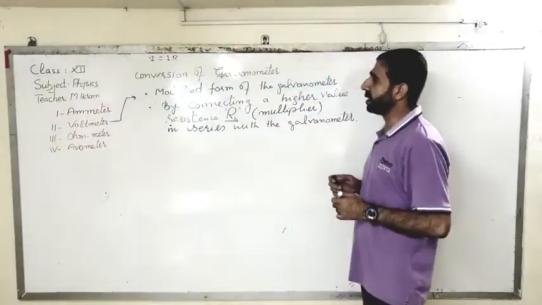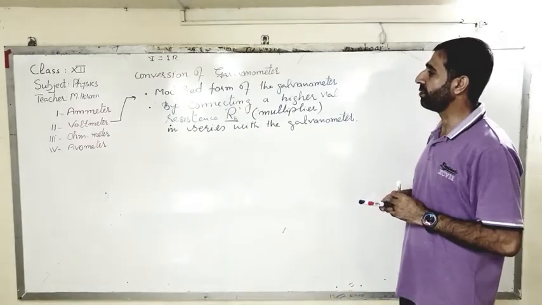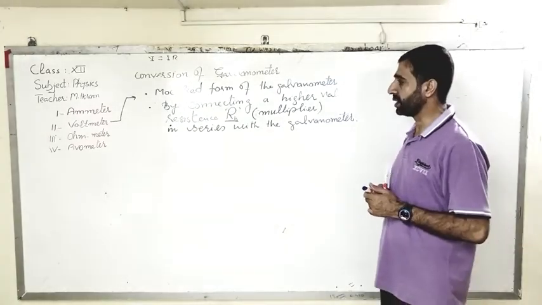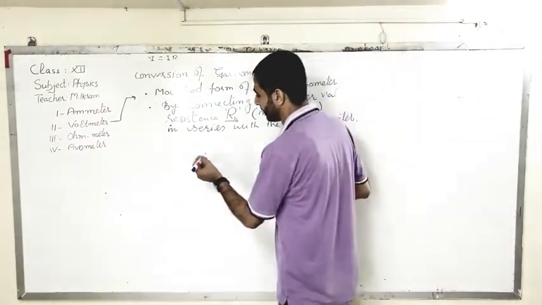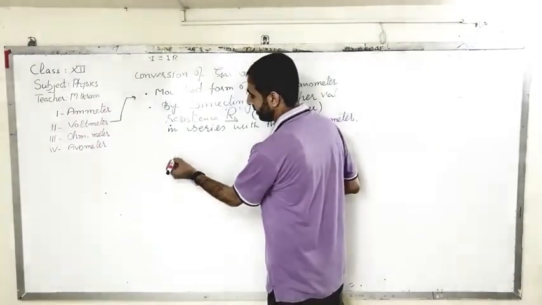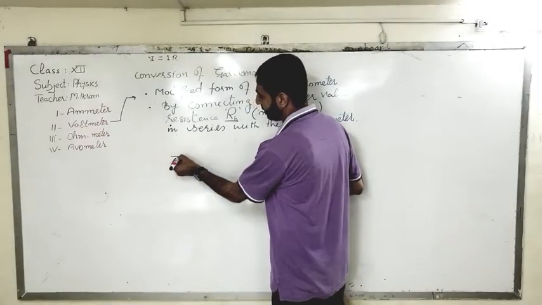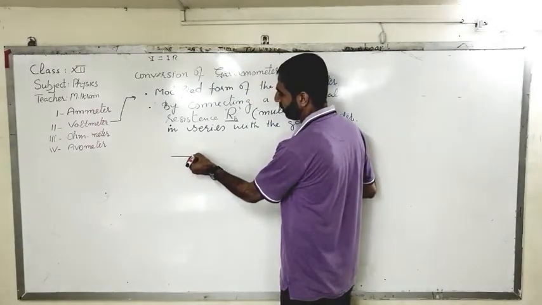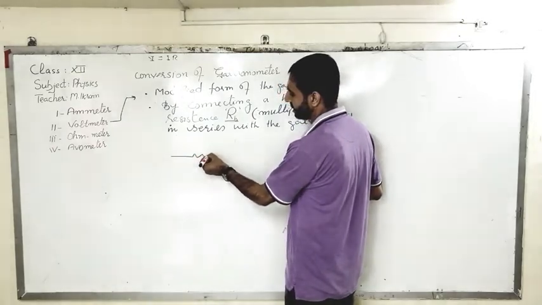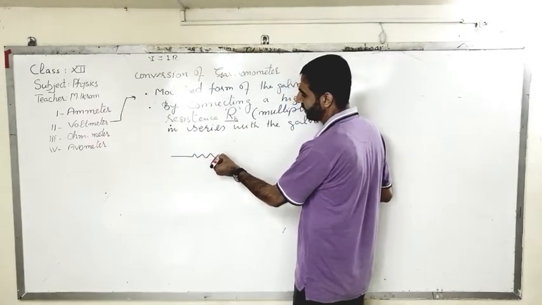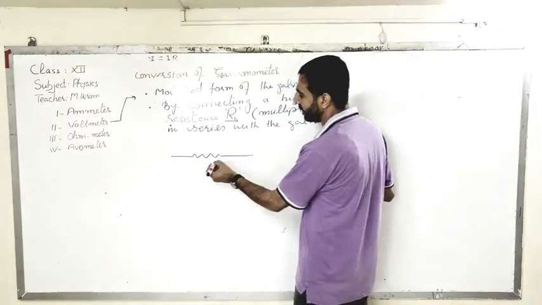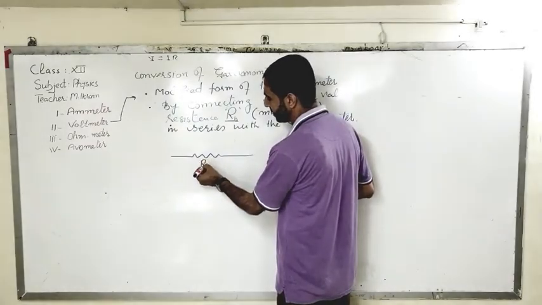Now, in order to convert the galvanometer into the voltmeter, let us just see how we do it. As I told you, we will connect a resistance of higher value called the shunt resistance.